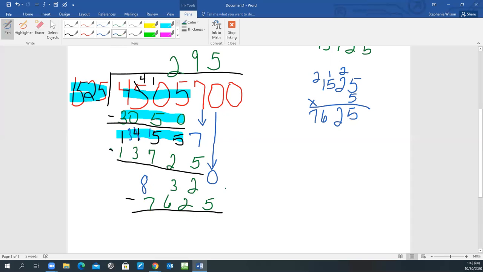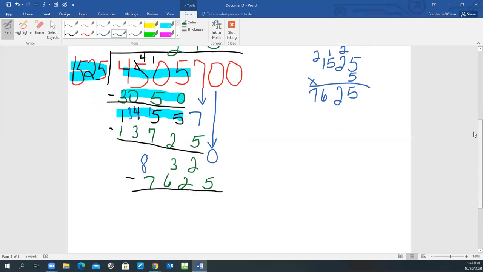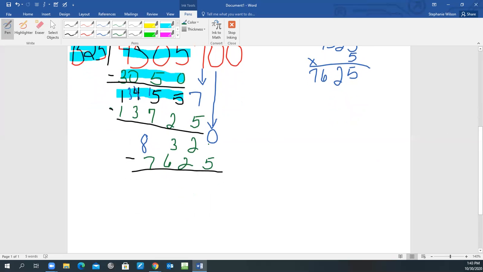So now I'm going to subtract, but what I noticed is I cannot take 5 out of 0, so we're going to have to come over here and borrow, making this a 1 and carrying the 1 over here. But I cannot take 2 out of 2, so we're going to have to come over here and borrow again, right? Make it down 1 and bring the 1.